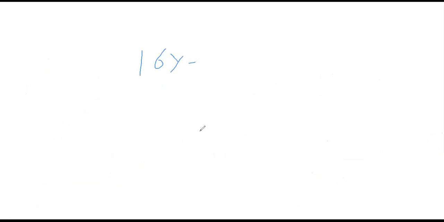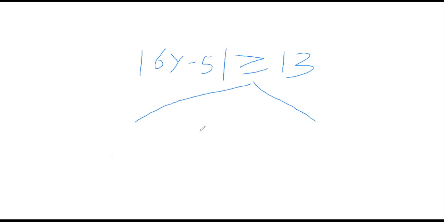So 6y minus 5 is greater than or equal to 13. So with inequalities, we solve it the exact same way, right? I mean, usually with our problems, there's no real difference. Here's the only thing where I guess it's a little bit different.